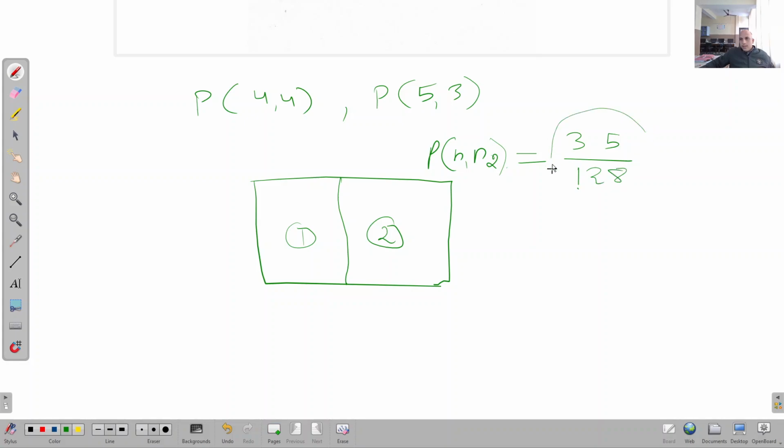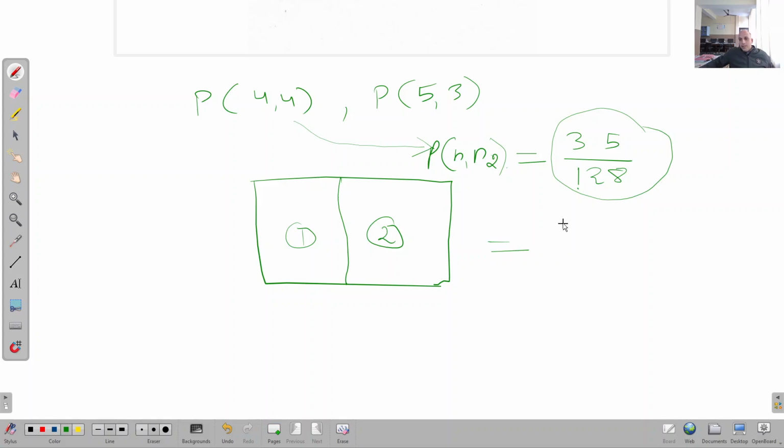Clear? So this was the answer. Clear? 35 divided by 128, right? So this was the probability of getting this macro state. Clear? This was simple. Similarly, you can do for 5-3 case.